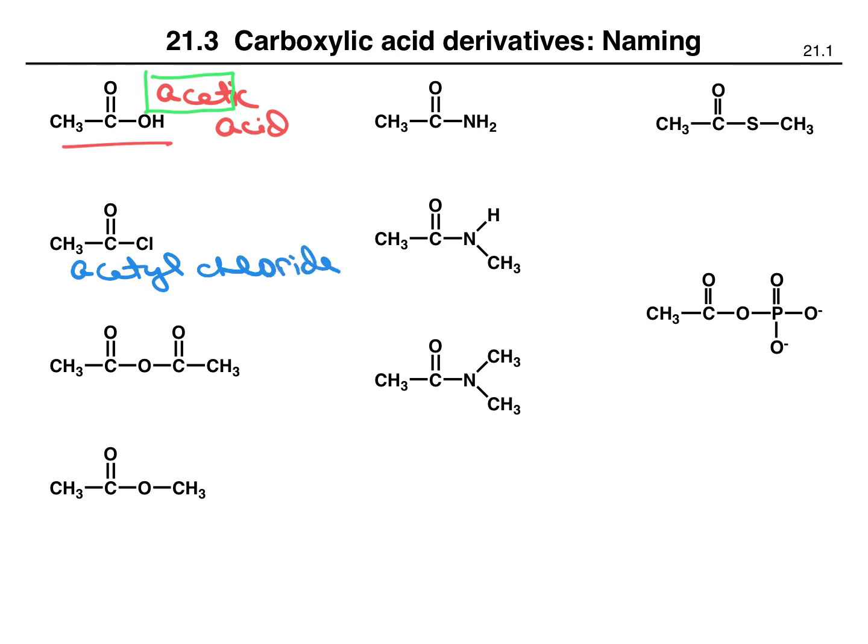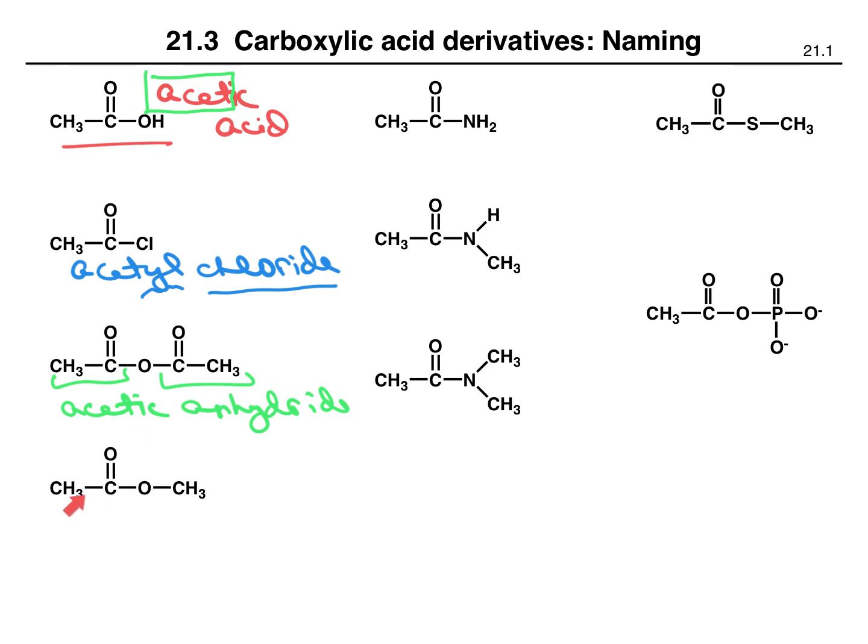So instead of acetic acid, we replace the ic with yl, and then we specify which halide is present. The next compound is an anhydride, and because these are both the same group, we would name this as acetic anhydride. If these groups were different, then we would name them differently. So if one of them was acetate and one of them was formate, it would be acetic formic anhydride. So we name the acids and the anhydride, and we would list this alphabetically.